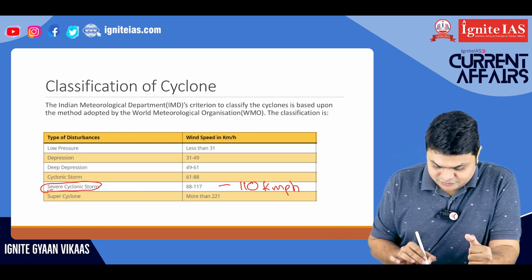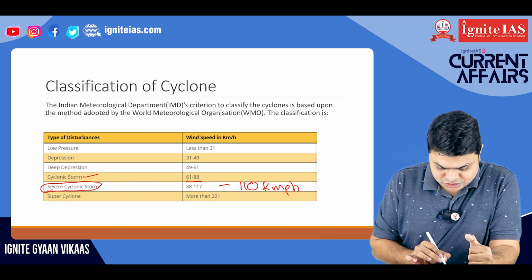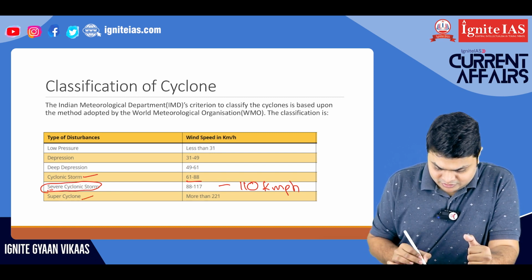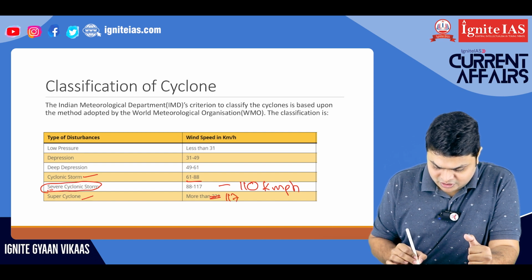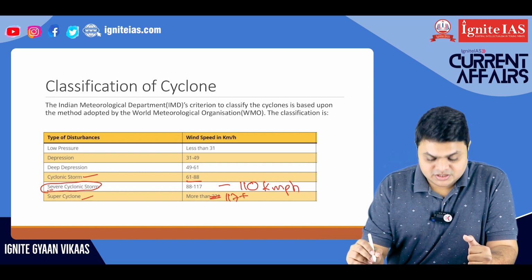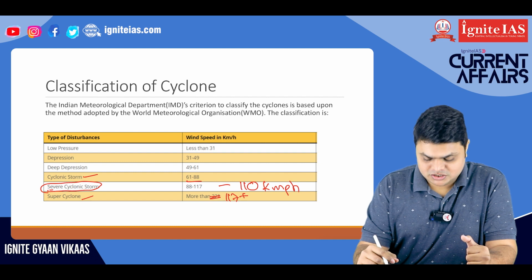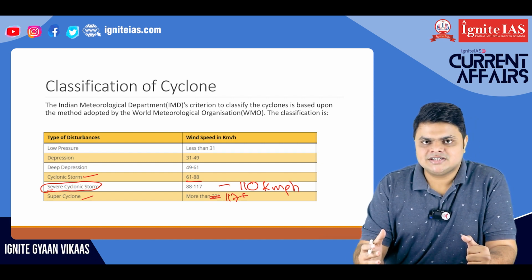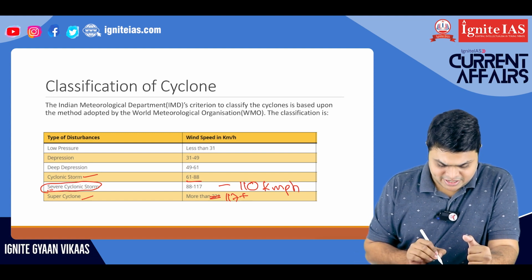If the speed increases from 61 to 88, it is classified as cyclonic storm. And if it is more than 221, it is recorded as super cyclone. So it should be more than 117 to be recorded as super cyclone. So these are the classifications of cyclones based on wind velocity. Now, this classification is necessary so that disaster management activities can take place according to the nature of the cyclone.